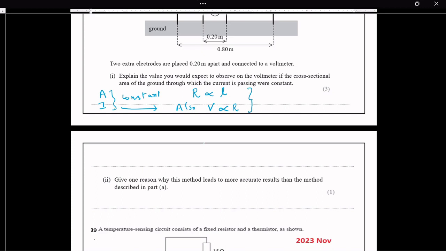So using these two relations, we can say that there is a direct relation between length and voltage, because R is common. Therefore, V and length are proportional.